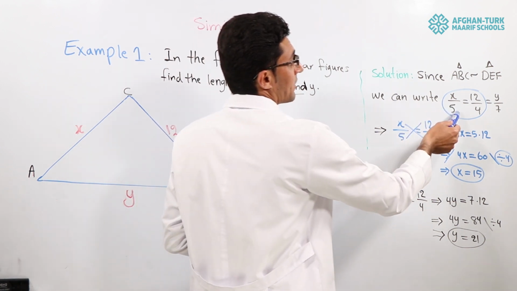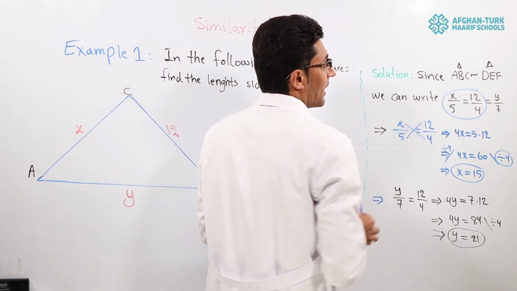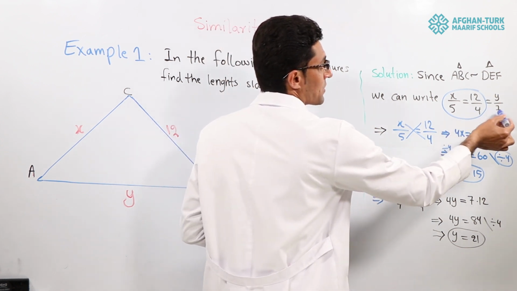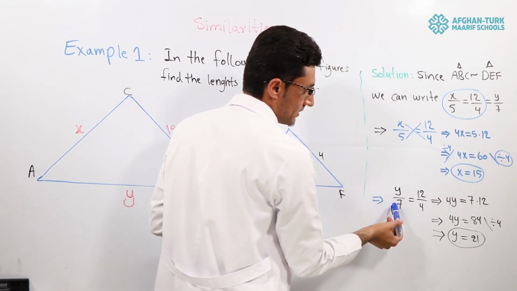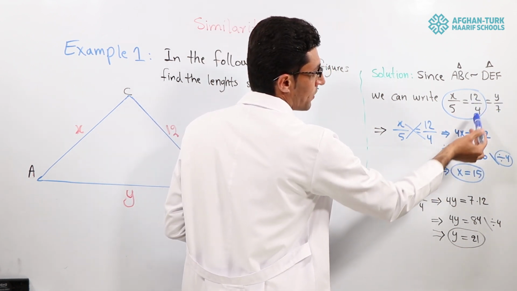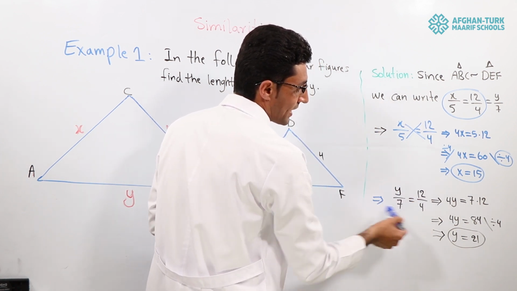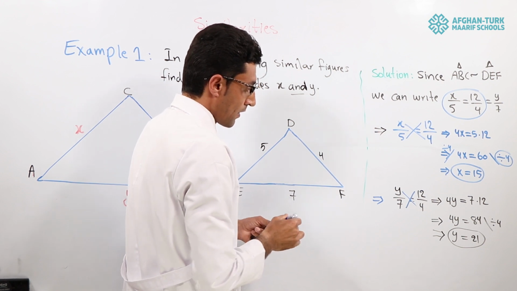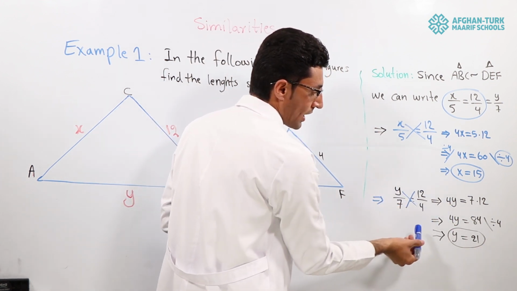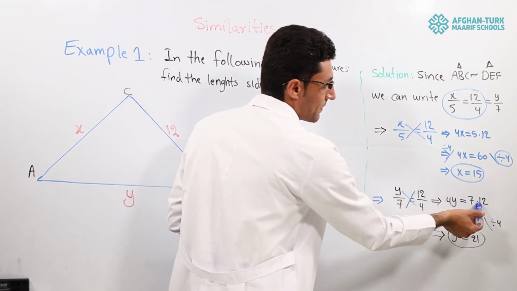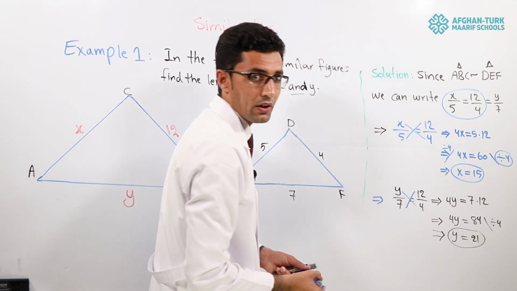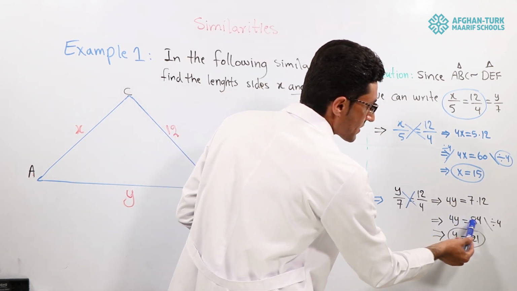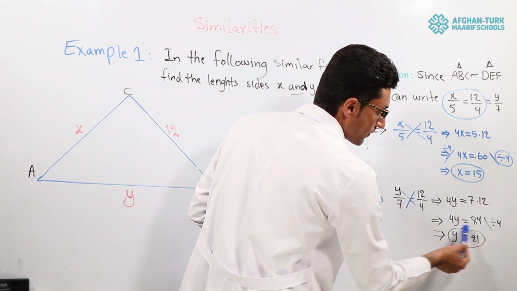Now the second. In order to find y, I have to take the second ratios. Y over 7 is equal to 12 over 4. I have again cross multiplication. Y multiplied by 4 is 4y. 7 multiplied by 12 is 84. I can divide both sides by 4.